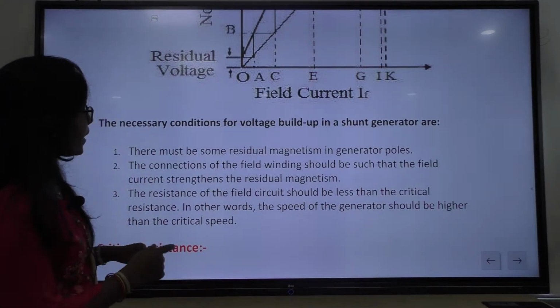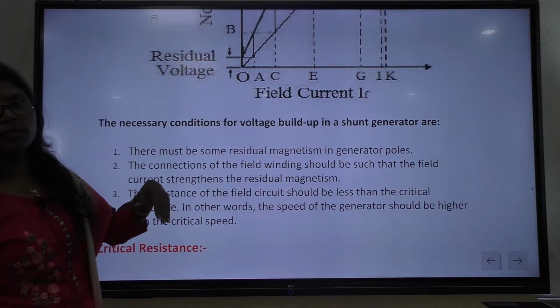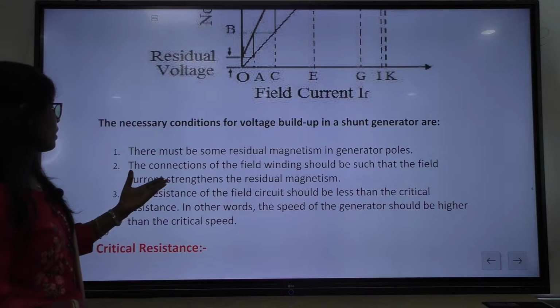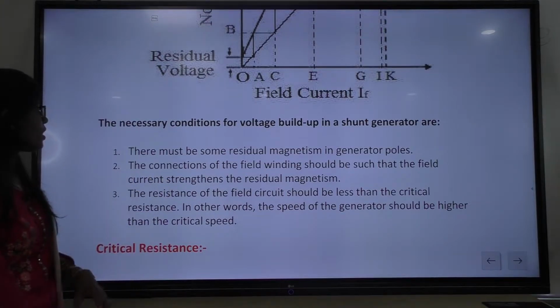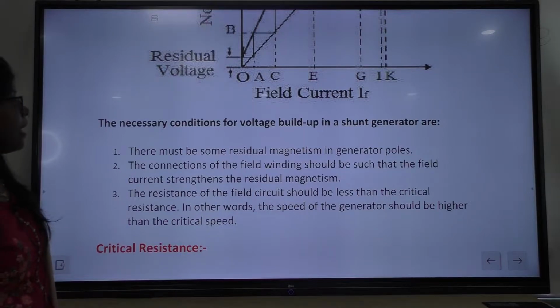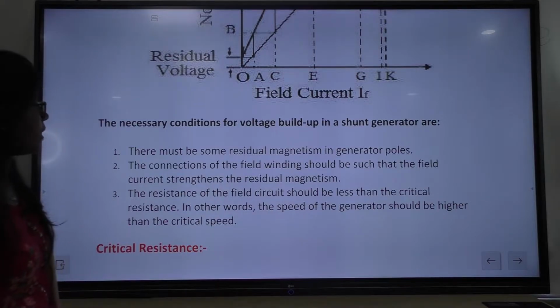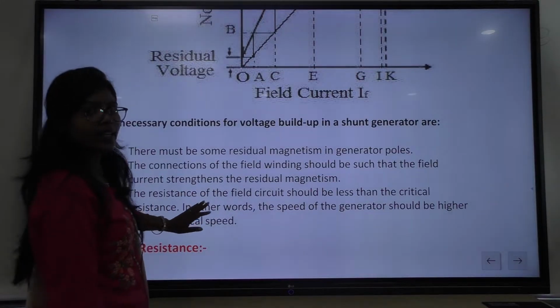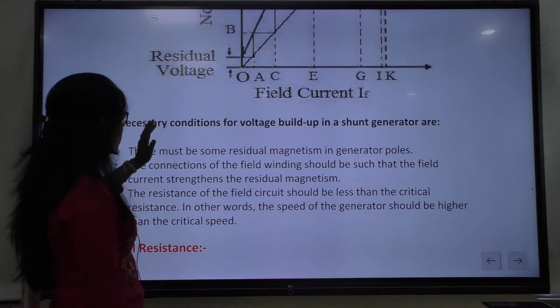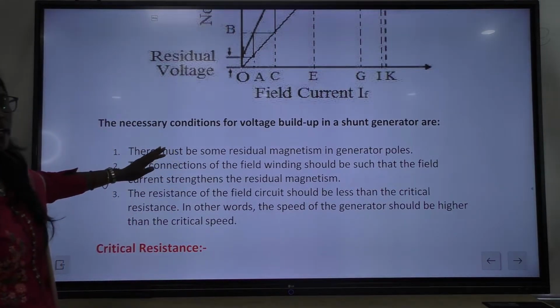And third, the resistance of the field circuit should be less than the critical resistance, or the speed of the generator should be higher than the critical speed. Critical resistance and critical speed we will study next time.